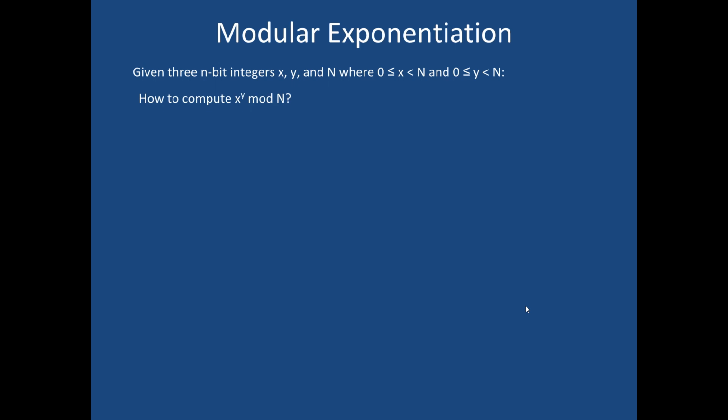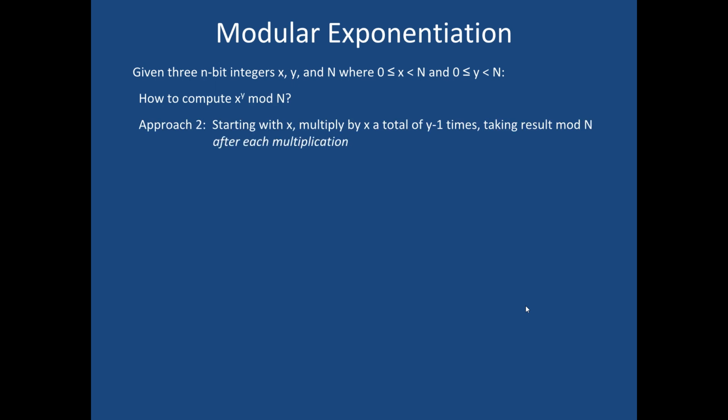So let's see here. We're going to take the mod after each multiplication. Let's see an example: 4 to the 5th mod 7. First we do 4 times 4, which is 16. We take that mod 7, we get 2. What will be the next multiplication to do? 2 times 4 is 8, which mod 7 is 1. Then we do 1 times 4, which is 4.